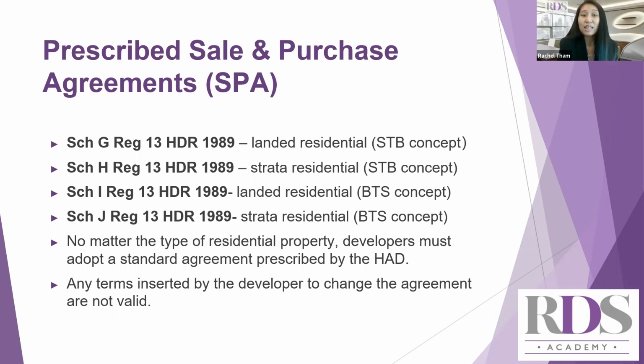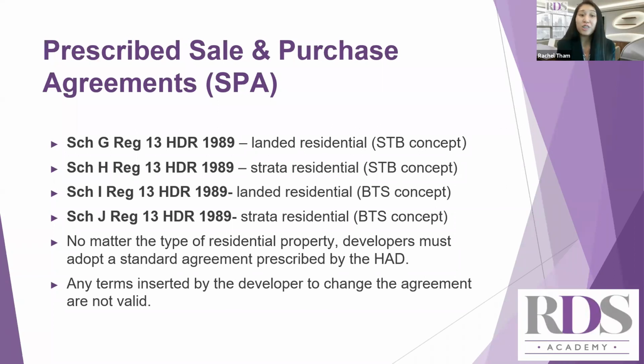Schedule I is for the sale and purchase of landed property, which is bought through a different method, which is the BTS concept, build then sell concept. So under Schedule I, purchasers can see the fully completed unit before deciding to go ahead with their purchase.